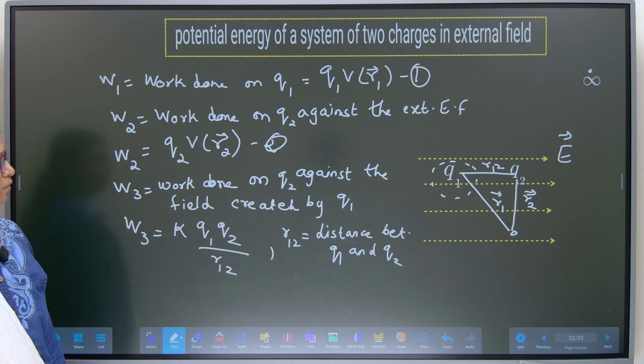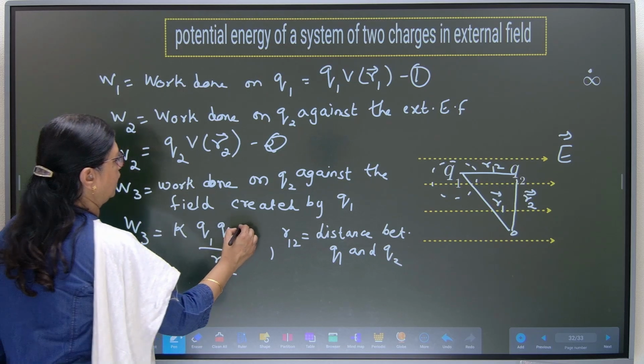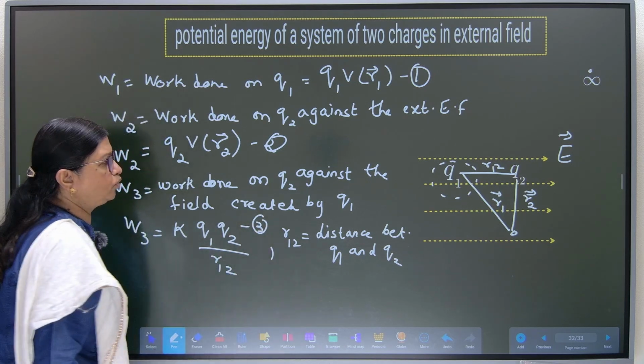Fine? Okay. So this we will name as equation number 3.